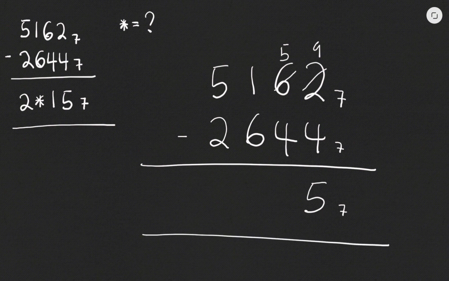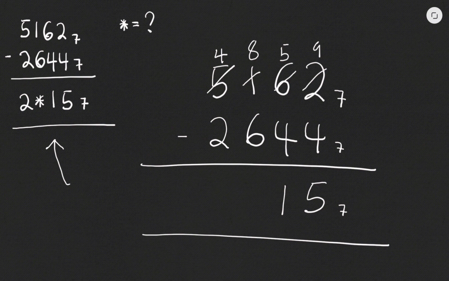Okay, so already we have the first value looking exactly as what they have in their subtraction. Now I have 5 over here, so 5 minus 4, that will give me 1 exactly, so that is also correct. Now I have here 1 minus 6. It is impossible for me to subtract 6 out of 1, so I have to borrow from the 5 over here. So I borrow, I'm left with 4. The 1 that I borrow becomes 7, and if I add that 7 to the 1 over here, I will be getting 8.